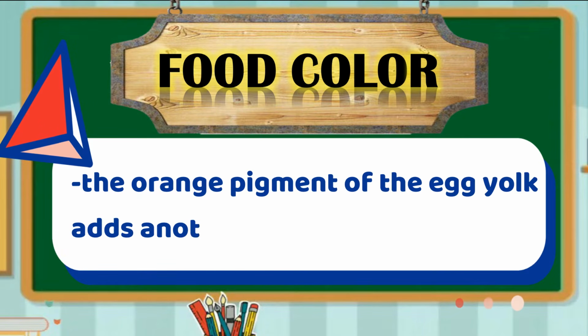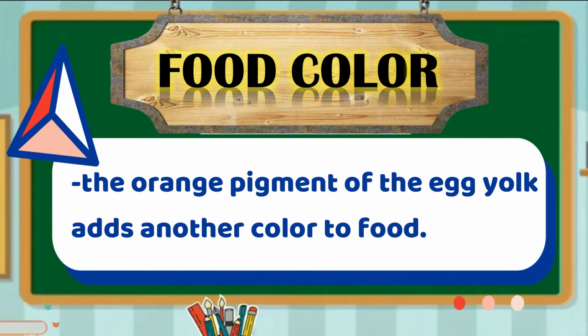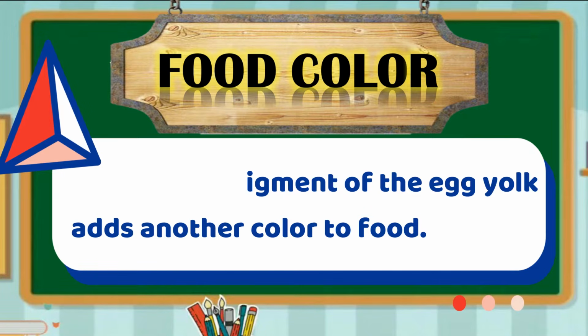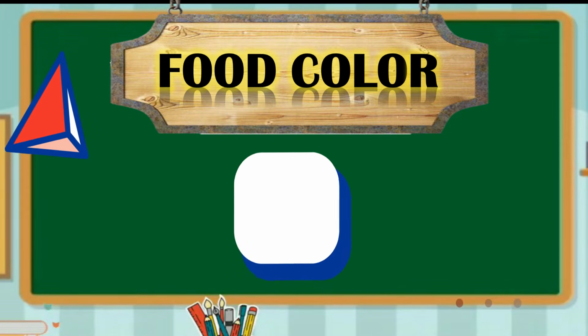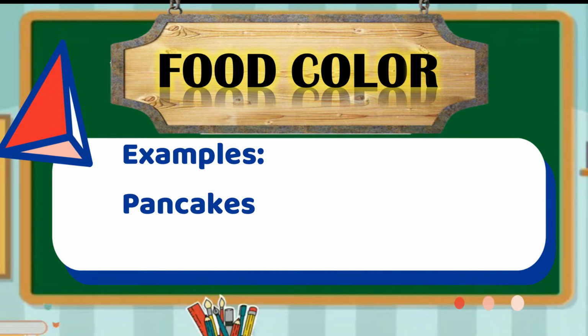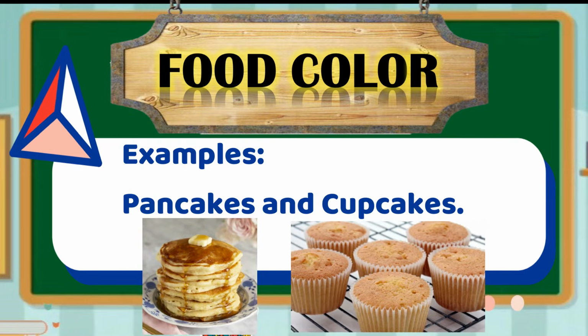First use of egg is as food color. The orange pigment of the egg yolk adds another color to the food. We can see this in pancakes and cupcakes.